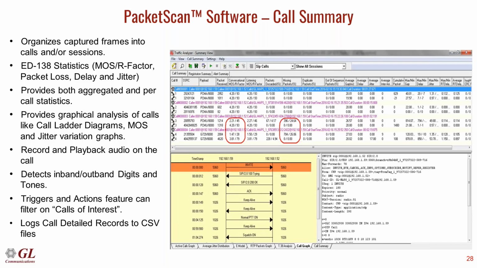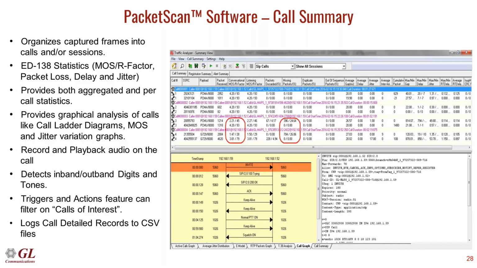We can also perform a set of actions on those filtered calls. For example, I may want to save the trace of that call so that I can analyze it offline later. Or we can record the audio on that call if the voice quality is low, or even generate a call summary in PDF or CSV format.